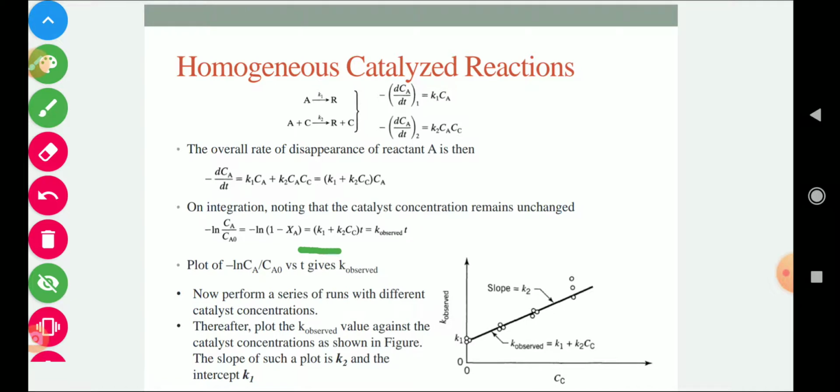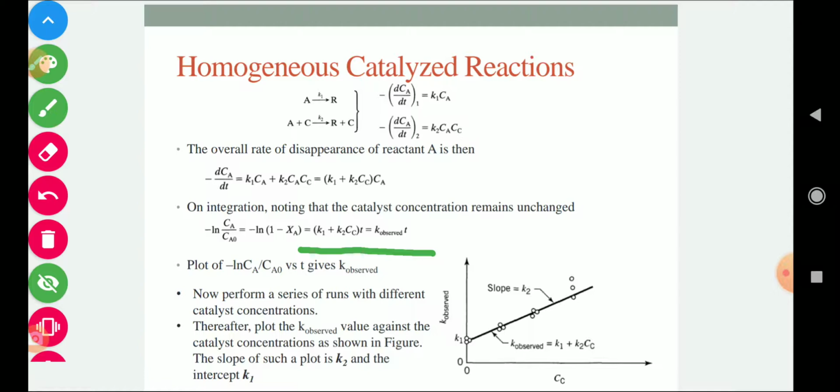Now take these two values. Again, if t is cancelled out, this is an equation of a line. Now perform a series of runs with different catalyst concentration. This is the equation of a line: K1 plus K2 Cc equal to K observed.